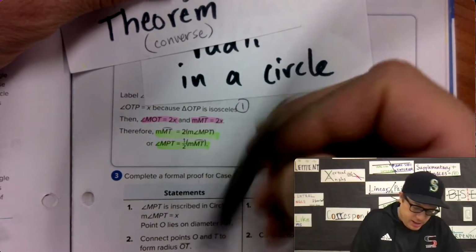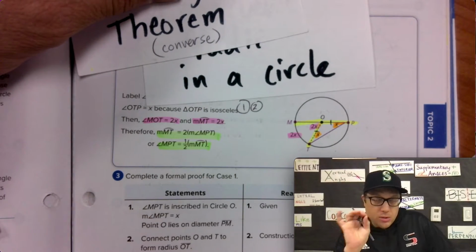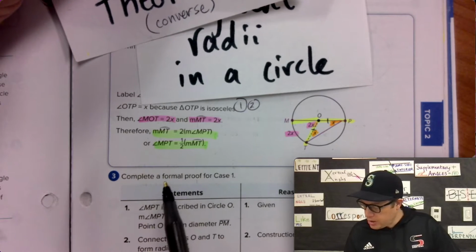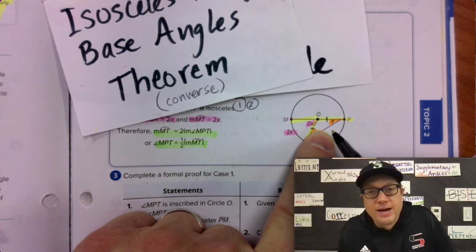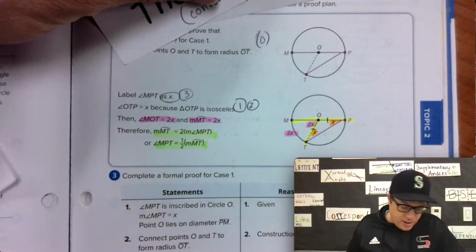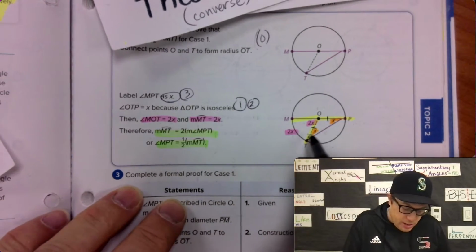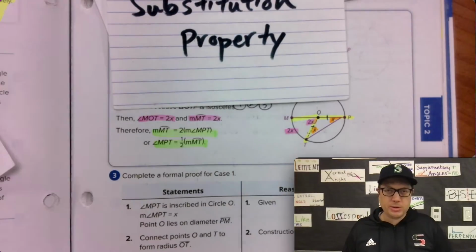That was step 2. Now, since we have these base angles, I had to then come up with the fact that we should label x. So we're going to label this x in there, and we're going to therefore say OTP, this angle down here, with the substitution property.